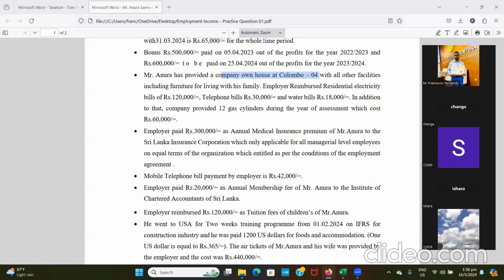Now tell me, which kind of salary must we take? I said earlier, which salary must we normally take into calculations: gross, net, or basic?